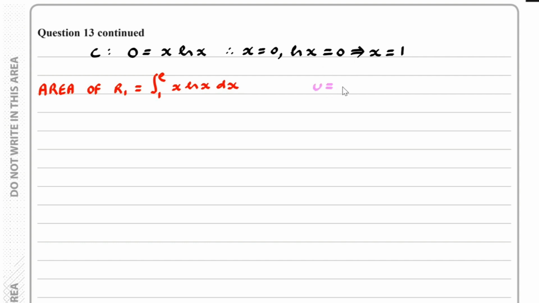So if I say that u is equal to the natural log of x, u dash is 1 over x, and if I say that v dash is equal to x, that means v is equal to 1/2 x squared.